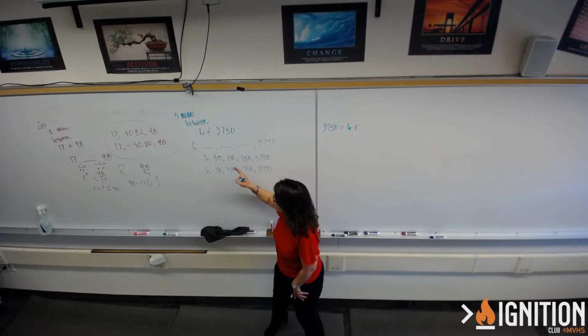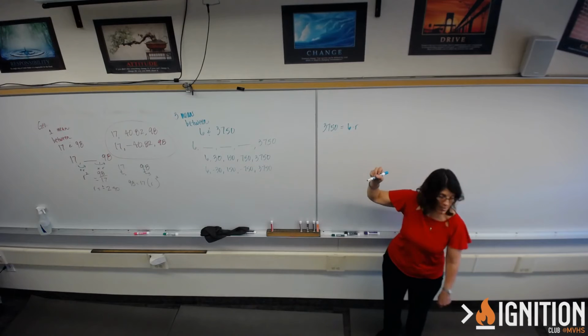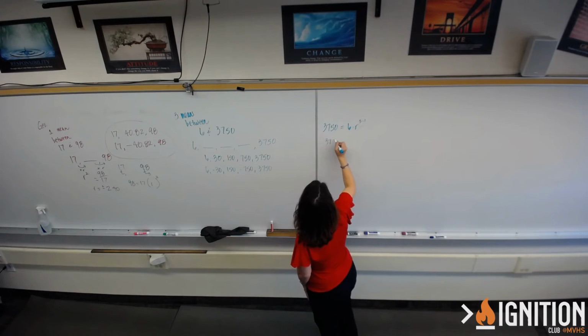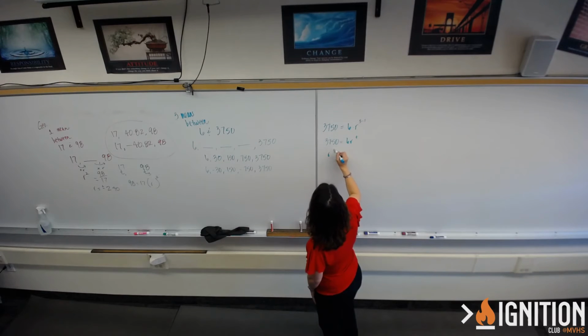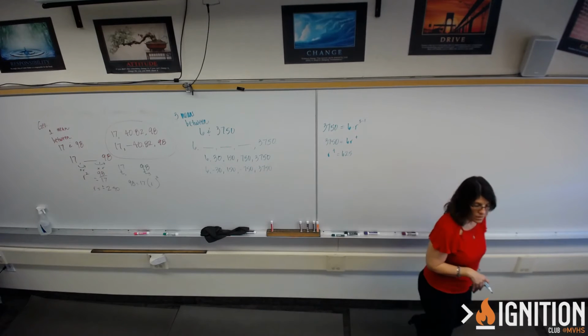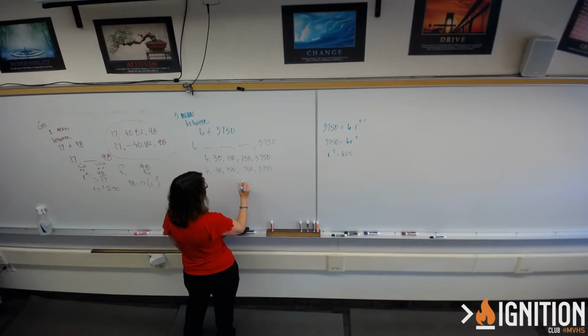So 3750 represents the 5th term. Agreed? So we're going to do it to the 4 minus 1. So 3750 equals 6 r to the 4th. R to the 4th is 625. Where did you get the 5? Because it's the 5th term. I erased the formula. It's r to the n minus 1.